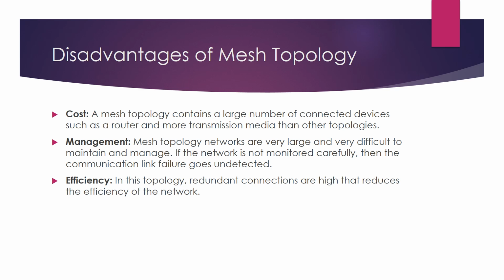Second is management. Mesh topology networks are very large and very difficult to maintain and manage. If the network is not monitored carefully, communication link failures go undetected. Efficiency: in this topology, redundant connections are high, which reduces the efficiency of the network.